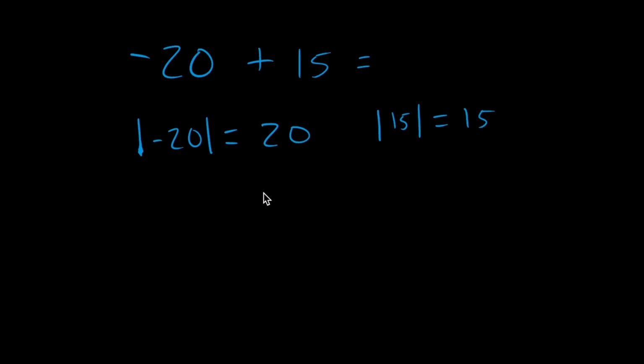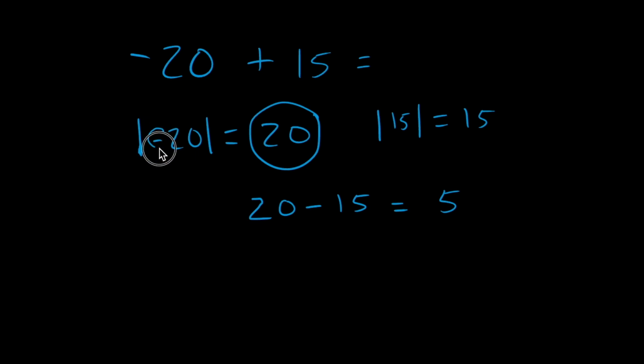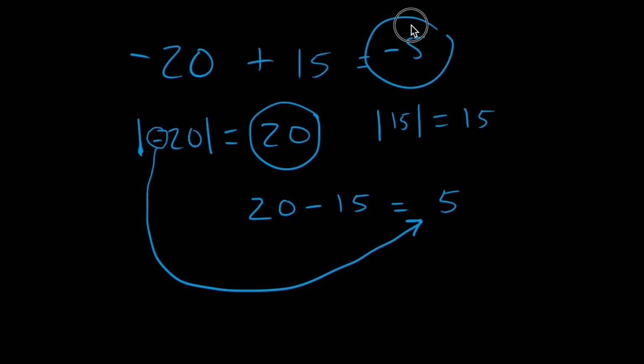Then the second step is to subtract larger minus smaller. 20 is bigger than 15. So 20 minus 15, 20 take away 15, that's 5. And then we take the sign from the original number that gave us the larger absolute value, which is 20. So take this negative, give it to the 5, and the answer is negative 5.